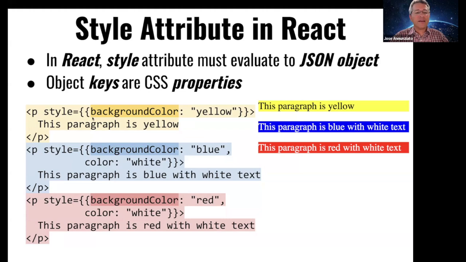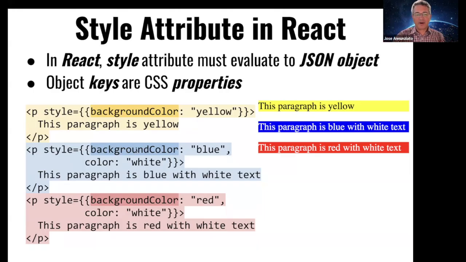For instance, the inner curly bracket that you see here is defining an object. It says this is an object, and objects are made of properties and values, a field and then the value of that field, separated by a comma.